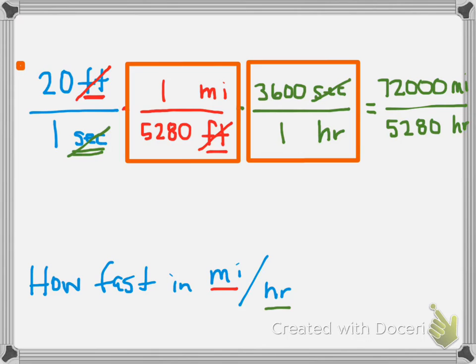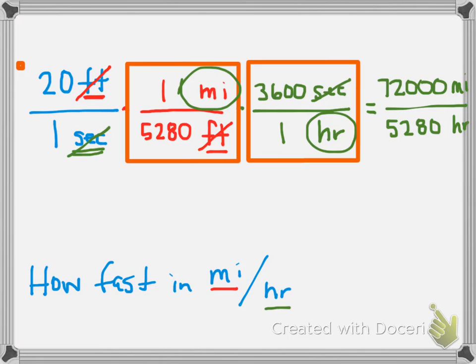So I found a way that I can get rid of my units and leave me with exactly what I wanted, miles per hour. It's exactly what I was looking for, and I did that just by manipulating the conversion rates to my desired outcome.